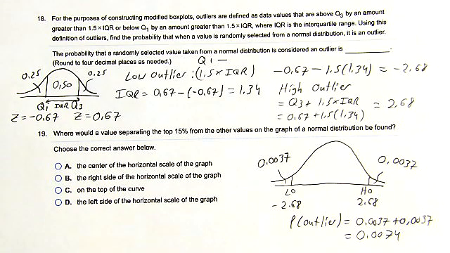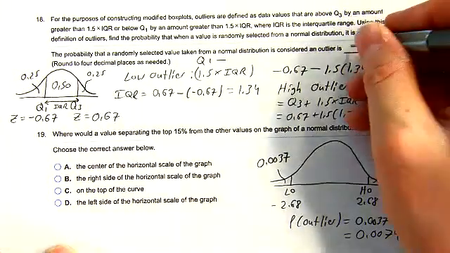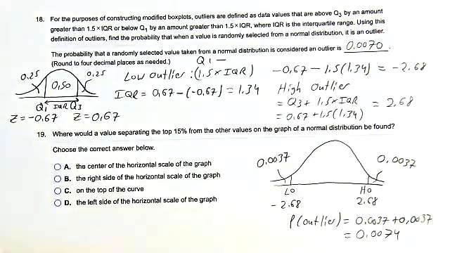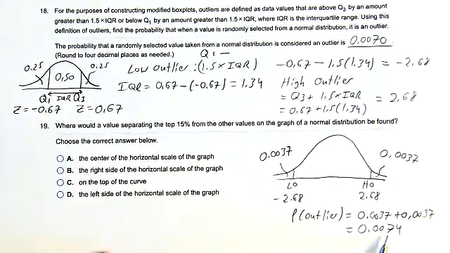Now I might have rounded a little too much here. The final answer is 0.0070. But this is really close. This is 4 10,000ths away from that.